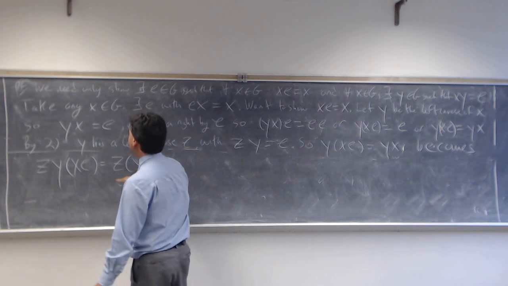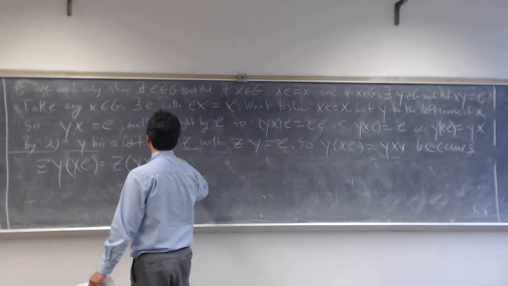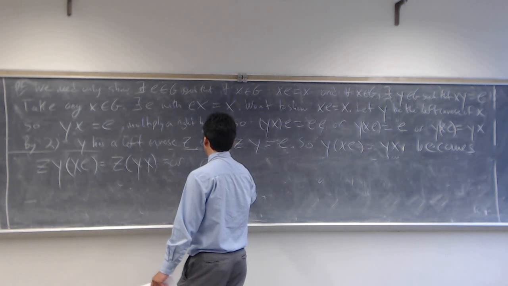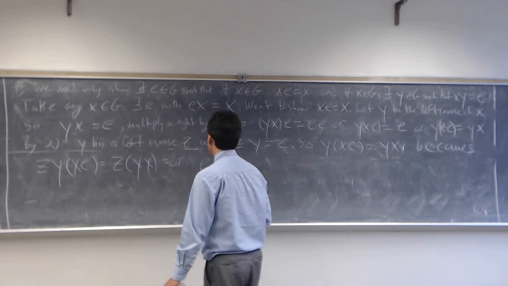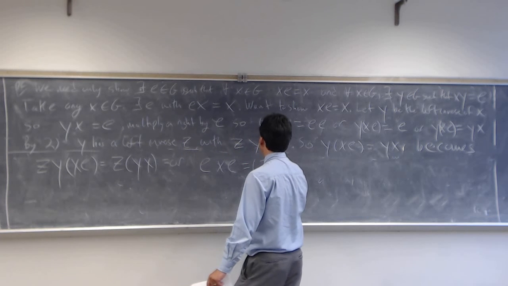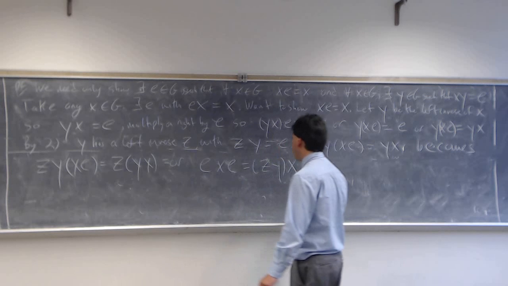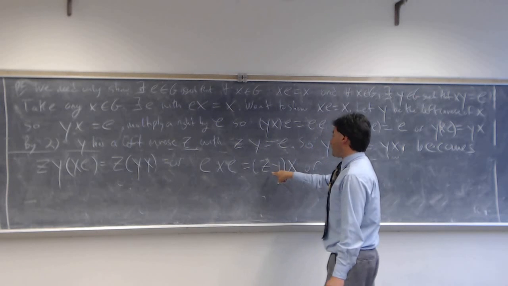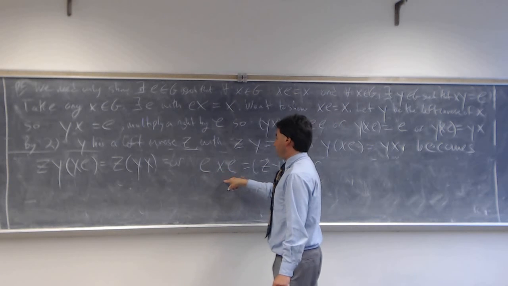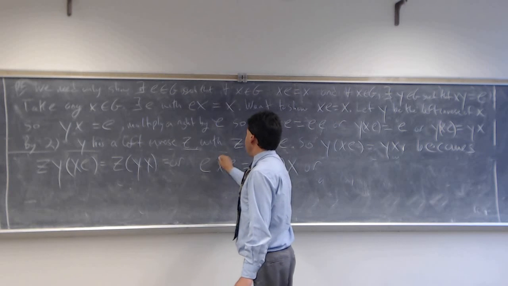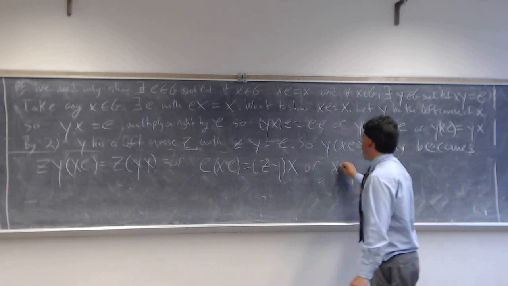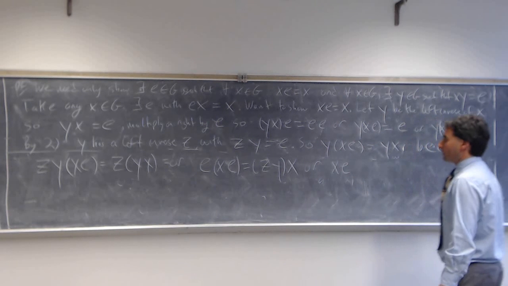But zy is E, so this becomes E xE equals, I'll move this parenthesis over, zyx, that's the associative law. But as just the line before, E is a left identity, so this just becomes xE.